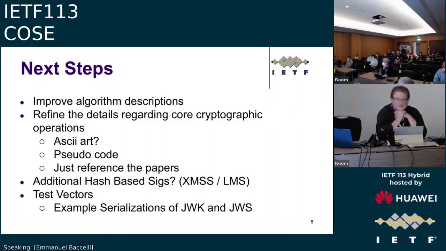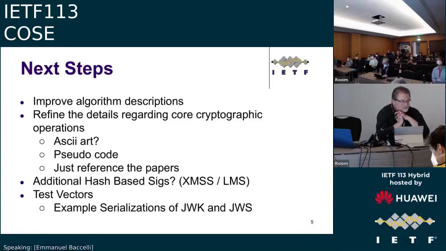Emmanuel. Hey, can you hear me? We can. Okay, thanks. Yeah, thanks a lot. It's a very interesting draft. I think it might become, in my mind, two drafts, in the sense that what we do with JOSE and what we do with COSE might be slightly different, as they're targeting different use cases.